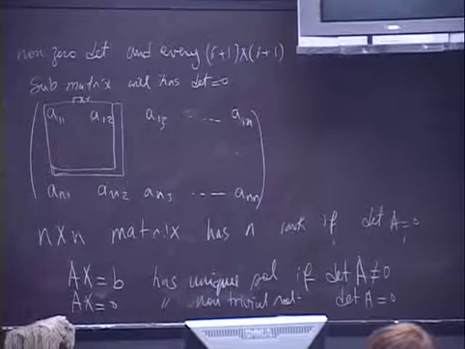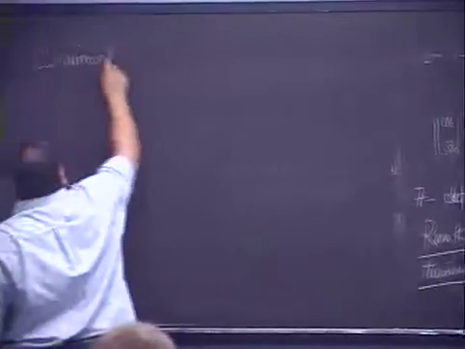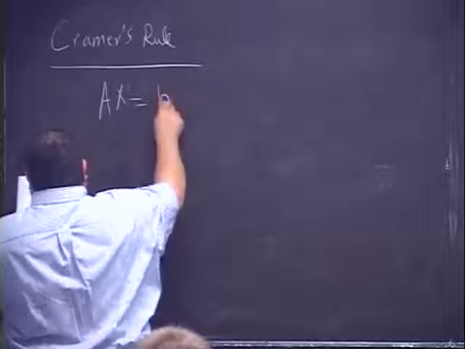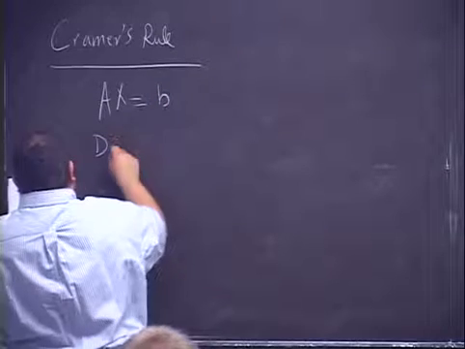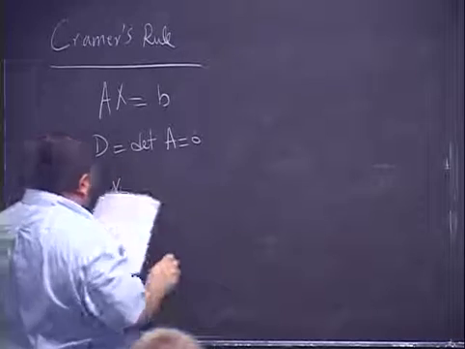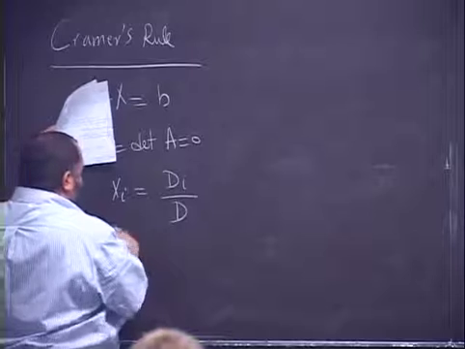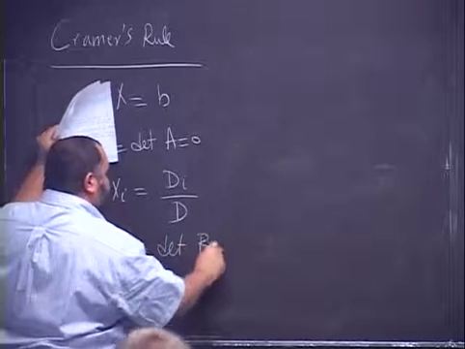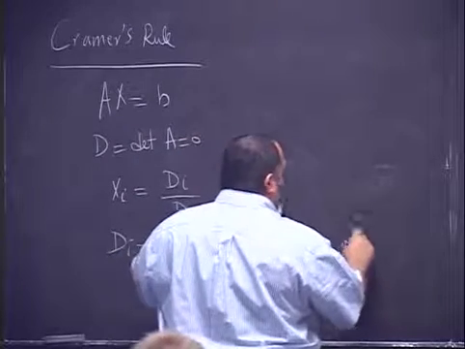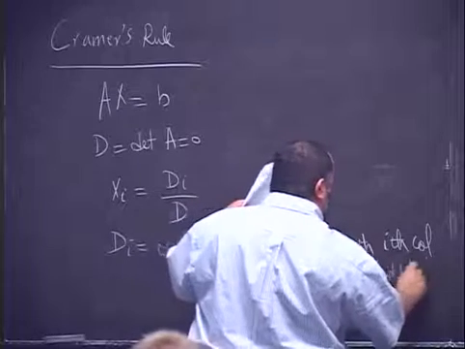There's another method to get the xi's, or the solution, using a method called Cramer's rule. In Cramer's rule, if I have the system AX equal to B with the determinant of A not equal to 0, in this case I can get the xi's, and they will be just the determinants Di over the determinant D. And what's determinant Di? It will be just the determinant of Bi, where Bi is just the matrix A with the ith column replaced by B.